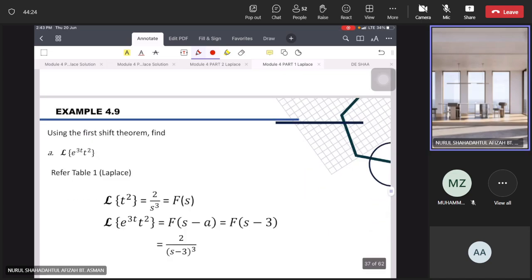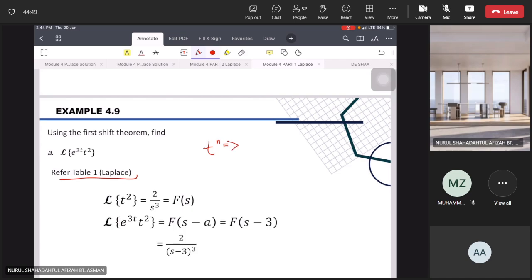So we can see we try to do the example one, which is the Laplace of e^(3t) times t^2. By referring to the table, from the table, it is n plus 1.